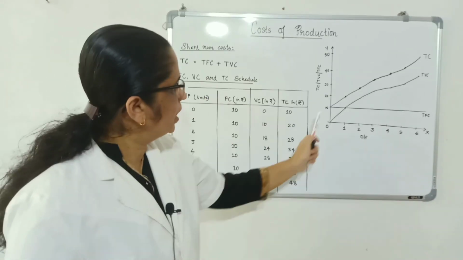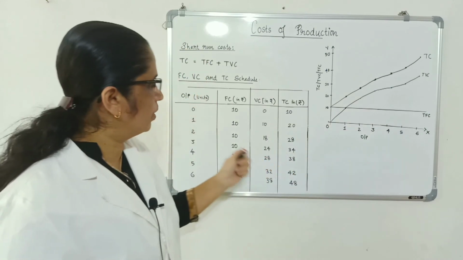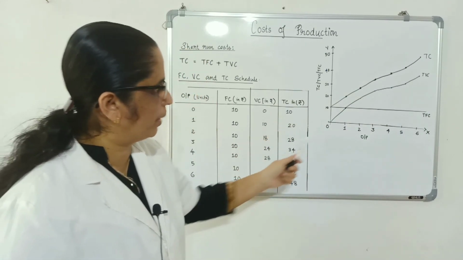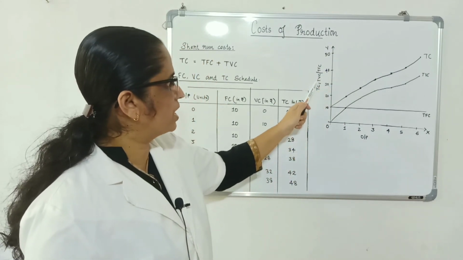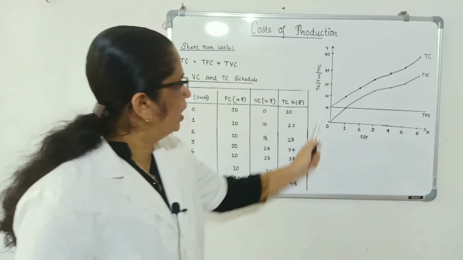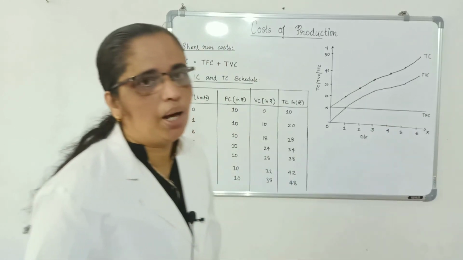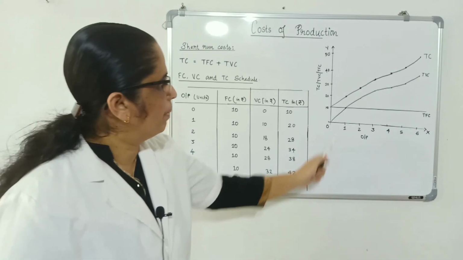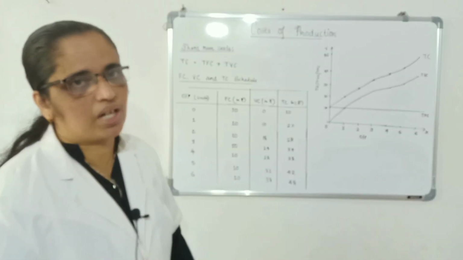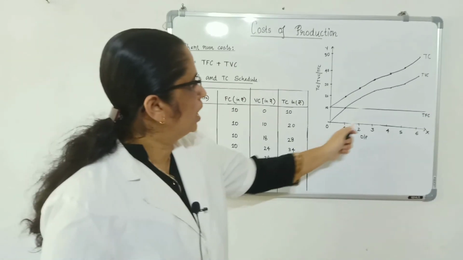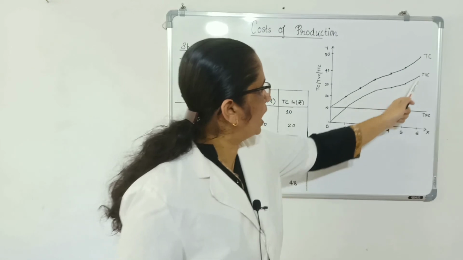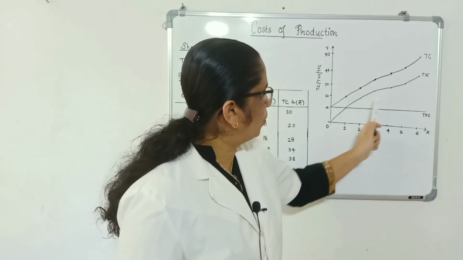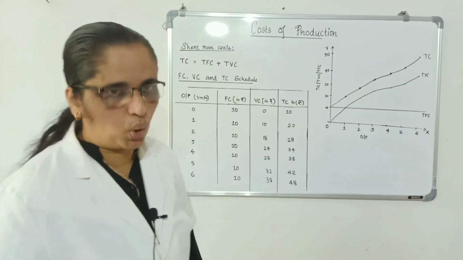So you can see when we draw all these curves together under a single diagram, OX axis outputs, OY axis TC, VC and TFC. Fixed cost is horizontal, parallel to OX axis because it is fixed at various levels of output. TVC starts from the origin, along with the level of the output. When the output is more, variable cost is more.